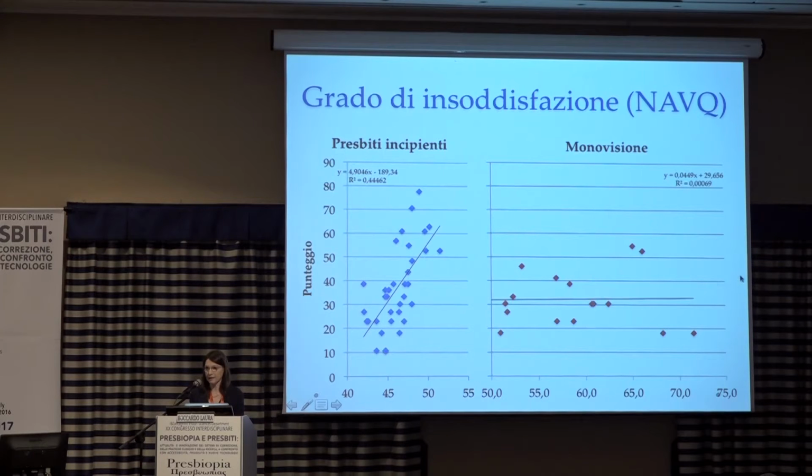Then correction is started. If correction is adequate and the person is satisfied, with aging, the dissatisfaction level remains stable. There's no correlation anymore between aging and age-related dissatisfaction in our modern Western society, where anyone can actually have access to adequate correction.